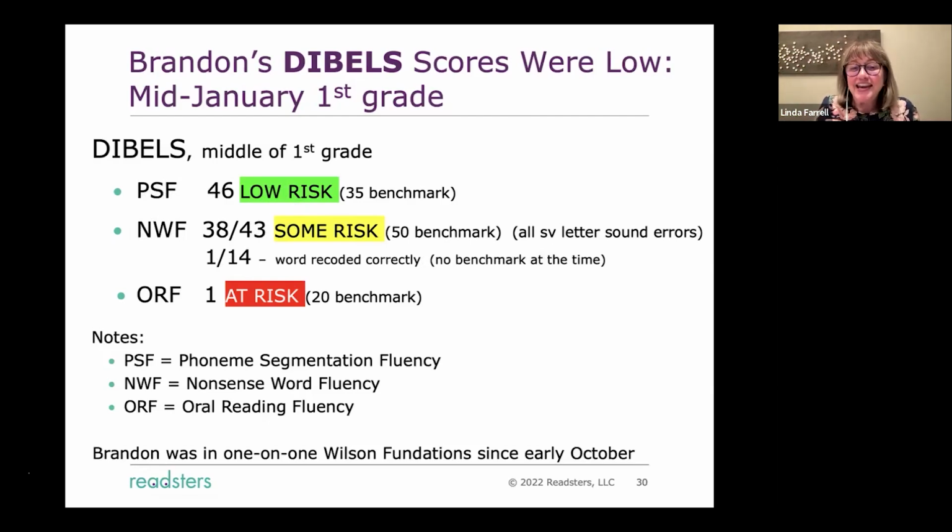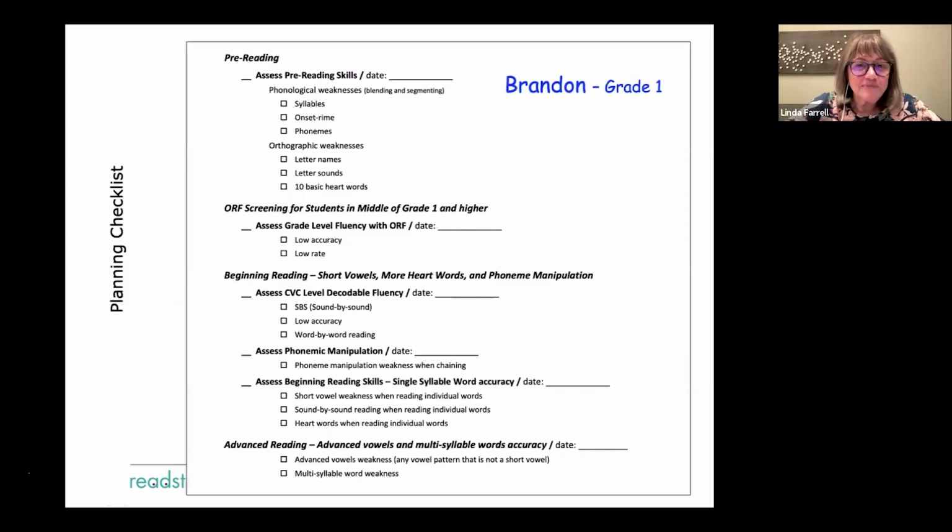So he had mastered letter sounds, but he was in the very beginning reading stage because he couldn't recode. Then we went to oral reading fluency and his score was 1. So he clearly has some issues. And so you can see that's Brandon.